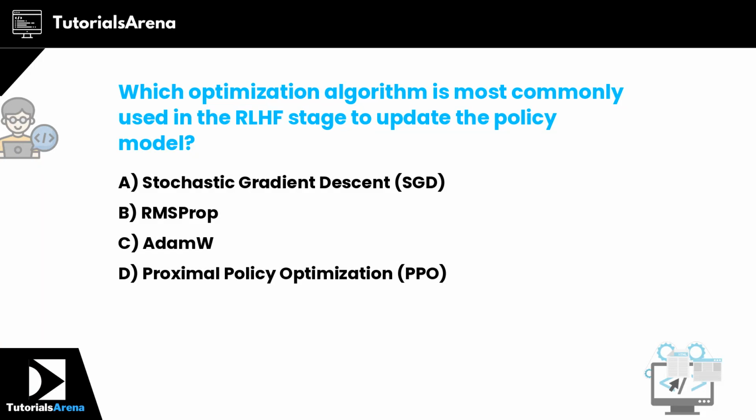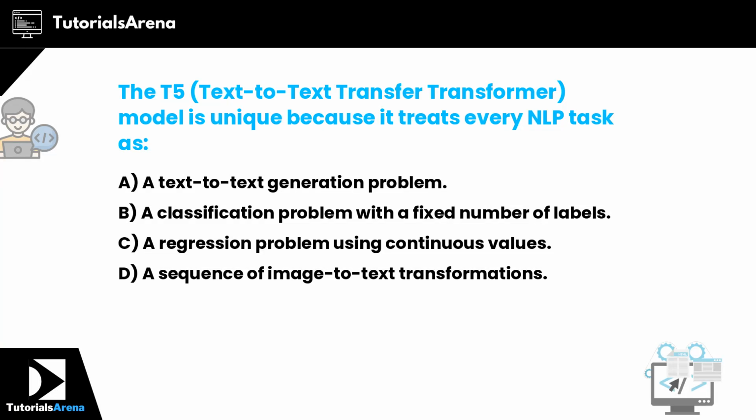Which optimization algorithm is most commonly used in the RLHF stage to update the policy model? The correct answer is option D, Proximal Policy Optimization, PPO. The T5 text-to-text transfer transformer model is unique because it treats every NLP task as what?